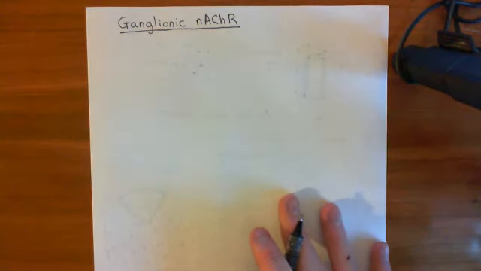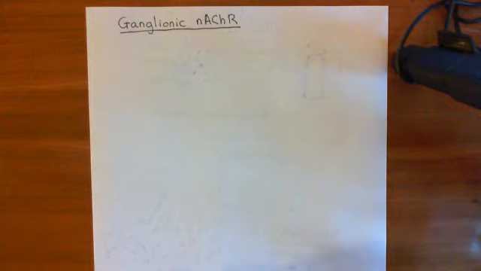Basically, in the autonomic nervous system, you have two divisions, the sympathetic nervous system and the parasympathetic nervous system. The sympathetic nervous system is involved in fight or flight responses. So when you're in a situation where you need to either run or fight, you're going to activate the sympathetic nervous system, and it's going to cause loads of different systems to alter their function so that you're ready for a fight or flight response.